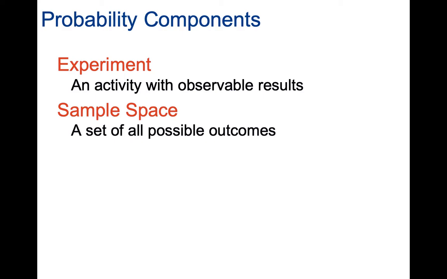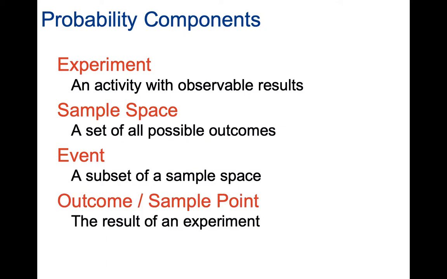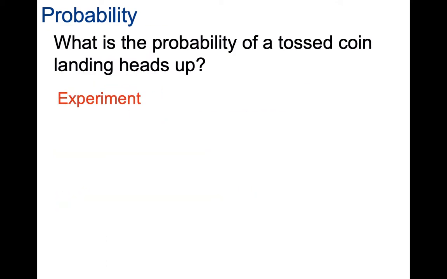The set of all possible outcomes for a single roll of the die is 1, 2, 3, 4, 5, or 6. And so that is our sample space. So identifying that sample space, you have to know what the possibilities are, and you have to know what the result is. There has to be an event, which is the actual subset of the sample space. In other words, it is, say, a single dice roll. And there has to be the result of the experiment itself.